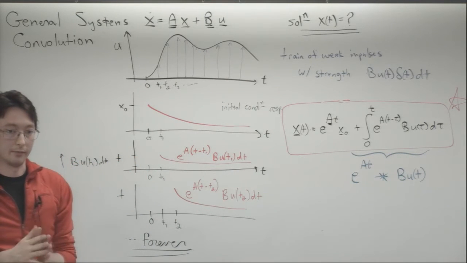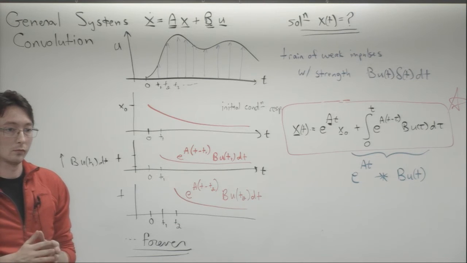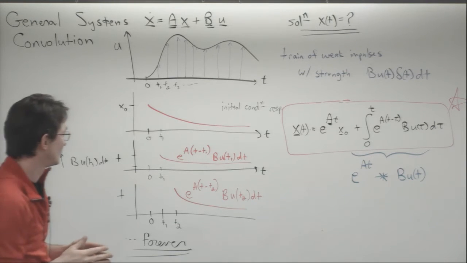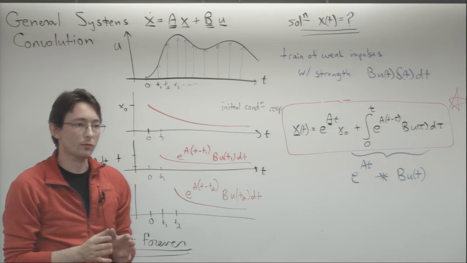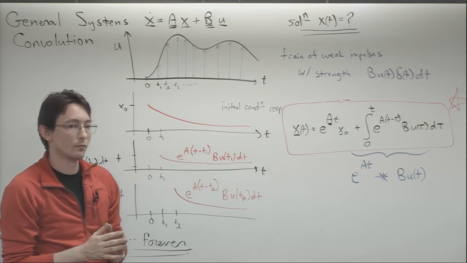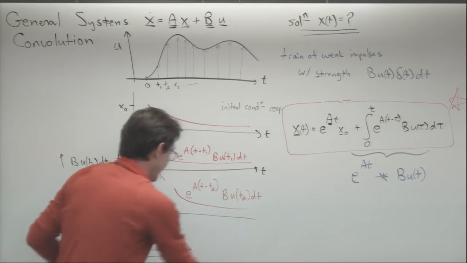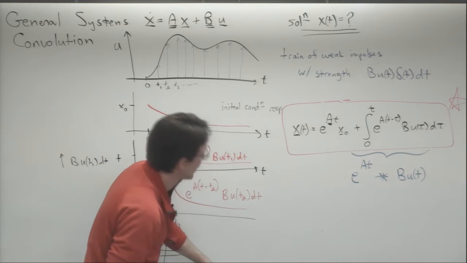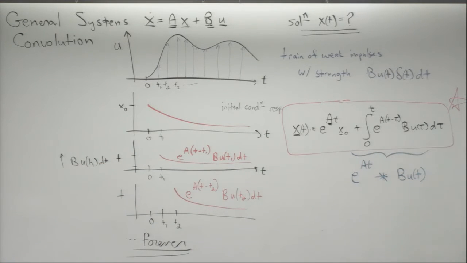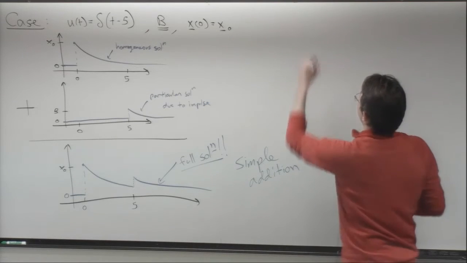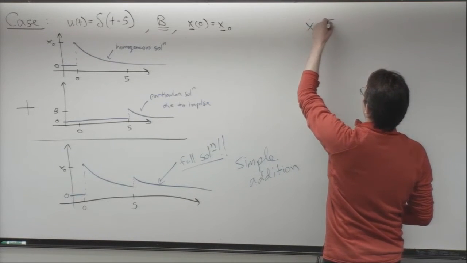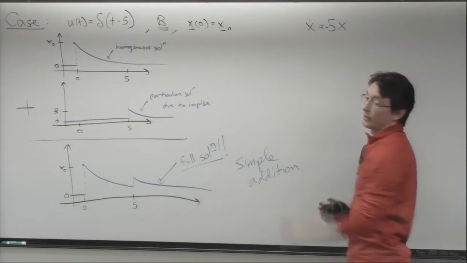Okay, questions? You can try this on an example. I would recommend it, because this is a little bit abstract. Maybe this will be a homework. I haven't decided. So maybe you have something like x dot equals 5 minus 5x.